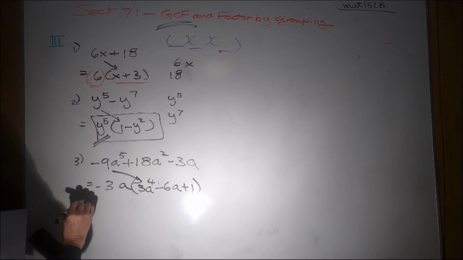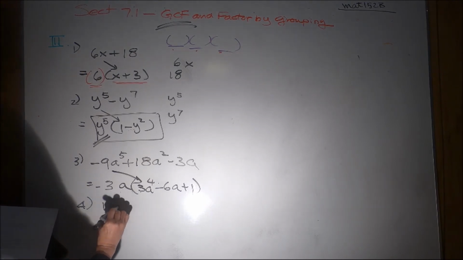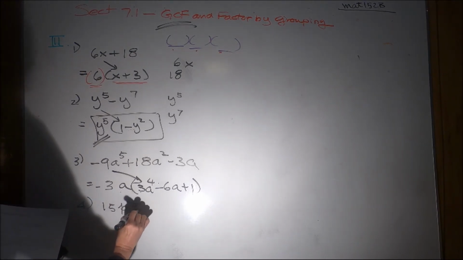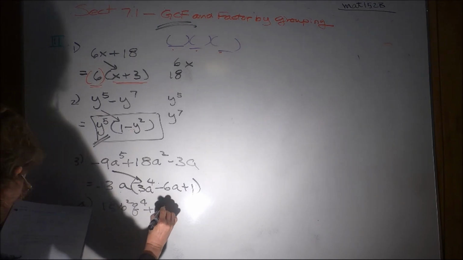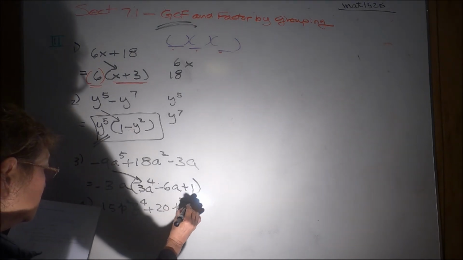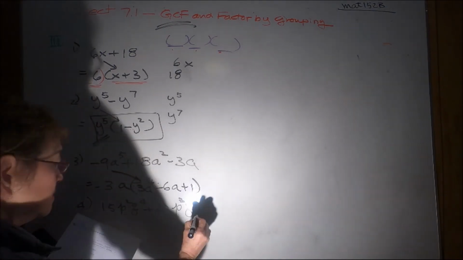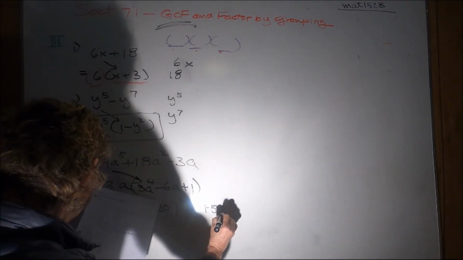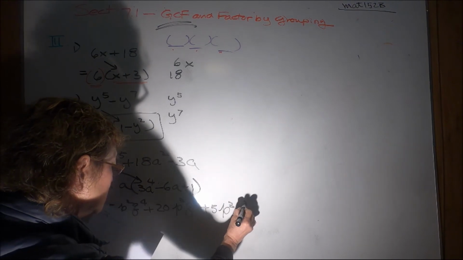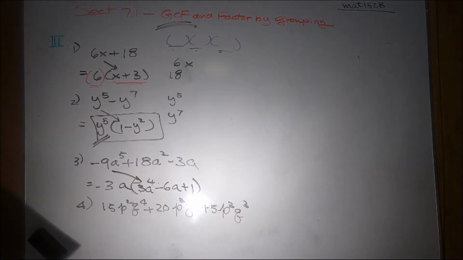For the fourth, 15p^2q^4 plus 20p^3q^5 plus 5p^3q^3. Right? So 15, 20, and 5, your GCF is 5.